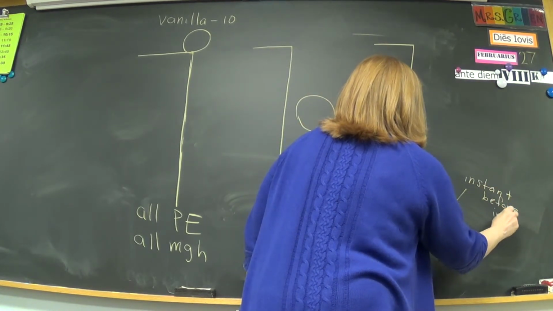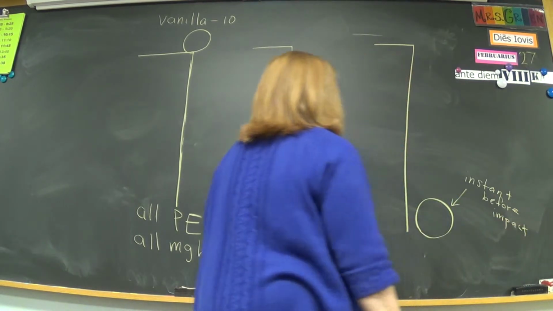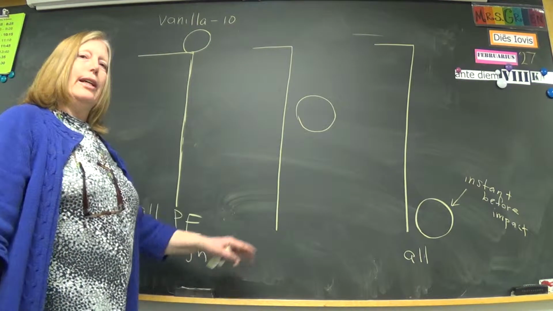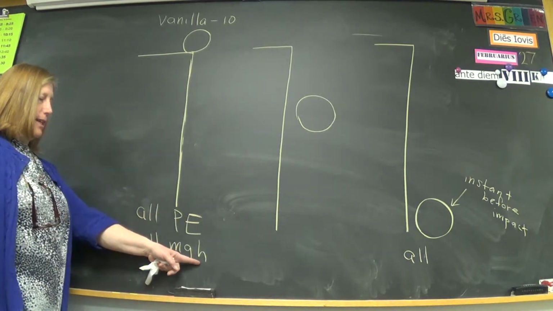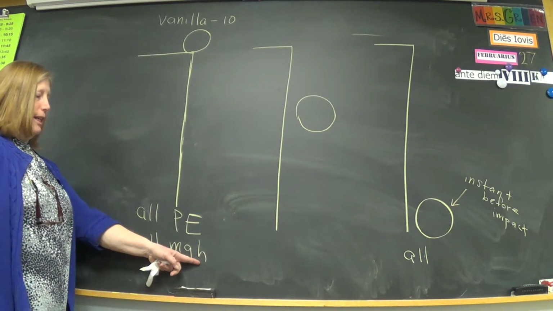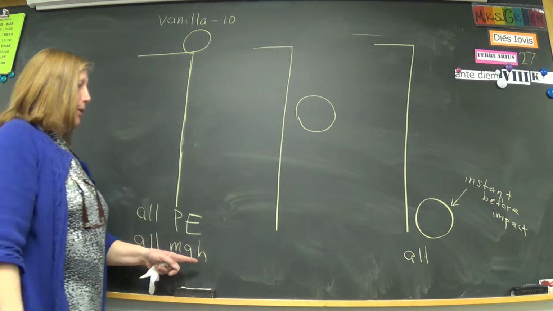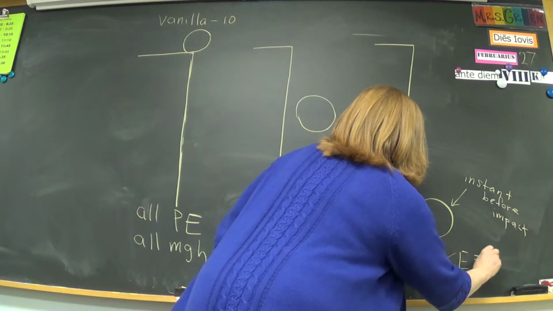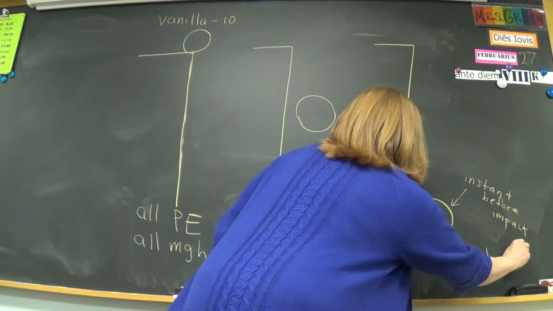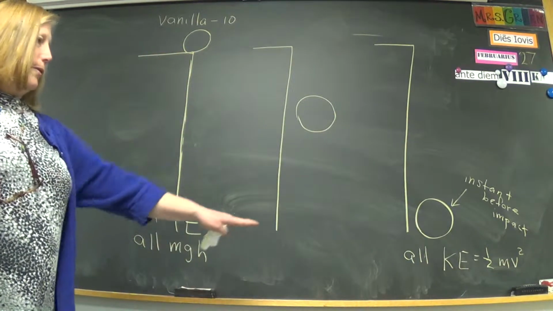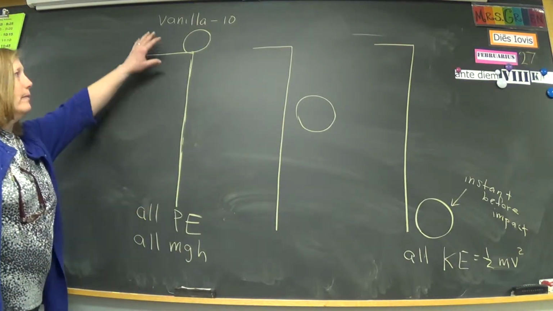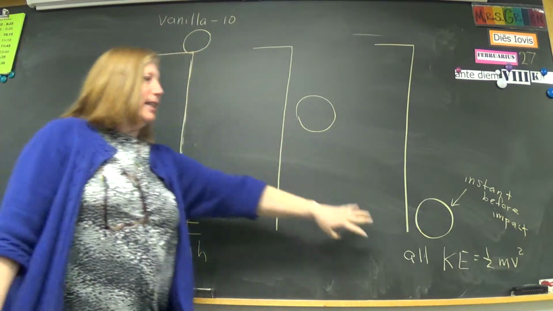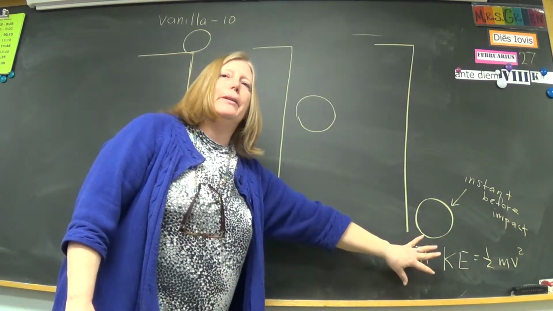Right here, there's no potential energy because this height, mgh, is gone. It's all the way down at the ground, so it's all kinetic energy. And that was 1/2 mv squared, from yesterday's formulas. Does that make sense? Up here, all potential energy, no kinetic. Down here, all kinetic energy, no potential.